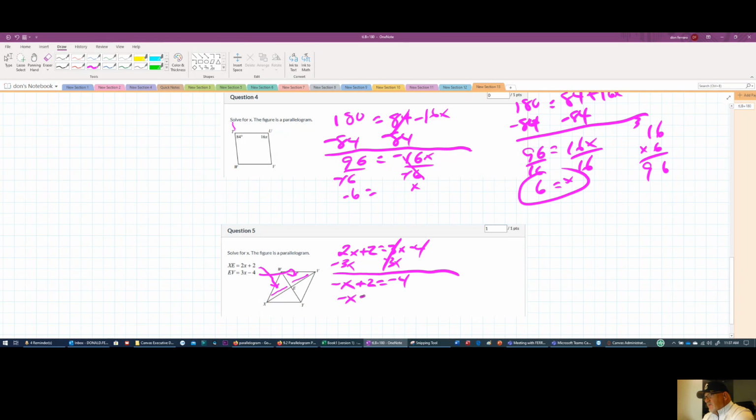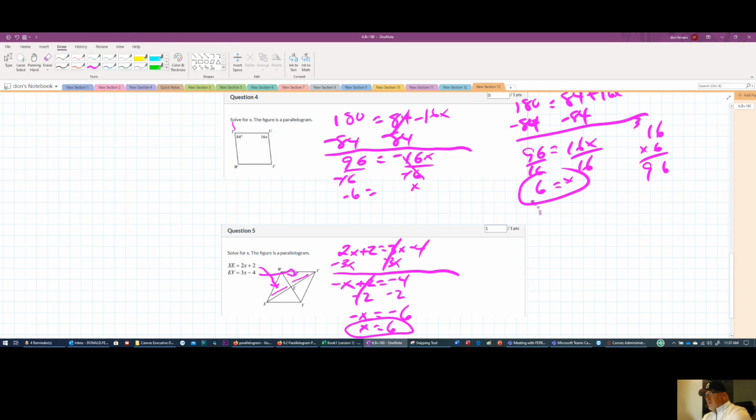Now I'm going to say negative x... oh, one second, Control Z, Control Z, Control Z. All right, I'm going to subtract 2 from both sides. Subtract 2, cancel that out. I've got negative 6 is equal to negative x, or x is equal to 6. All right, and that's our answer. X is equal to 6.